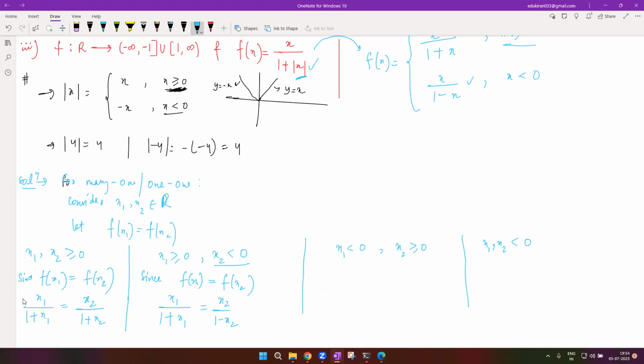Did you understand this transformation? This is important. Without this, we will not be able to solve the question. Now, if you understood this, can you write the same expression for this case? Third one, x1 less than 0 and x2 greater than or equal to 0. How should we write the equation?